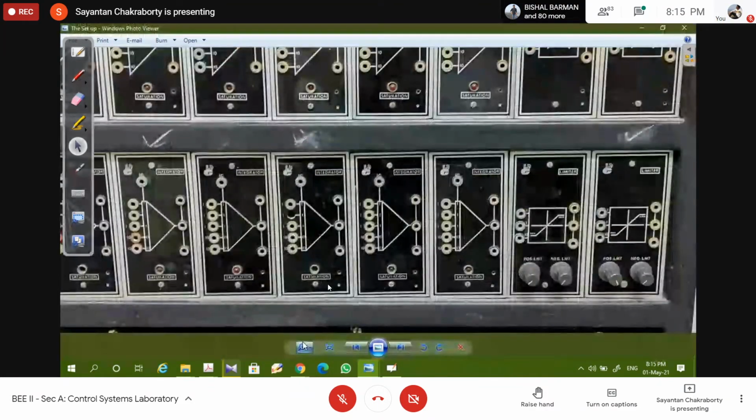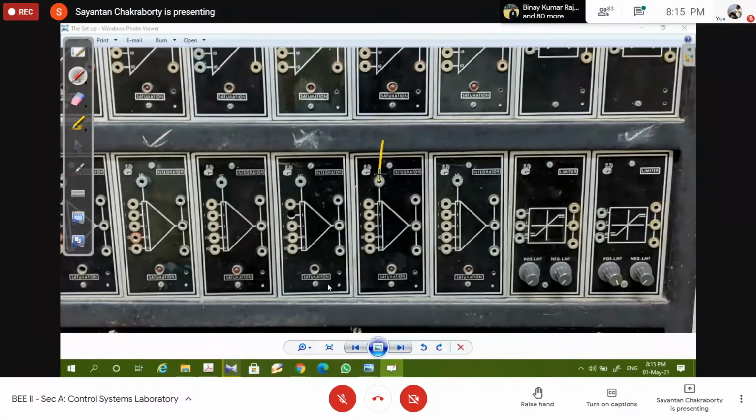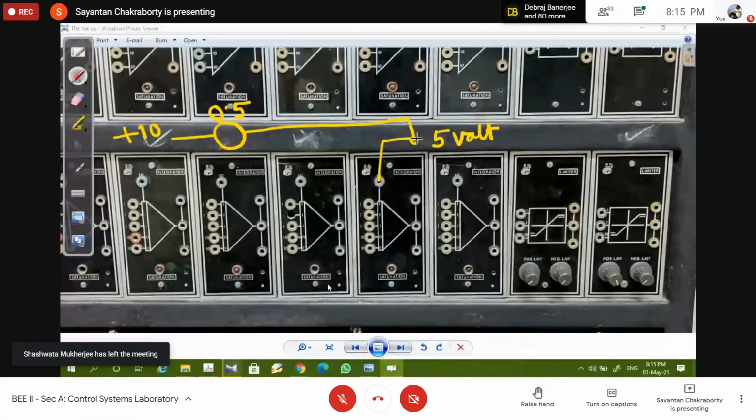So we have taken this integrator, and to it I have connected 5 volt. How do you obtain 5 volt? Take plus 10 volt, pass it through the potentiometer that you have set at 0.5, and apply it here, right? So I have applied the 5 volts.